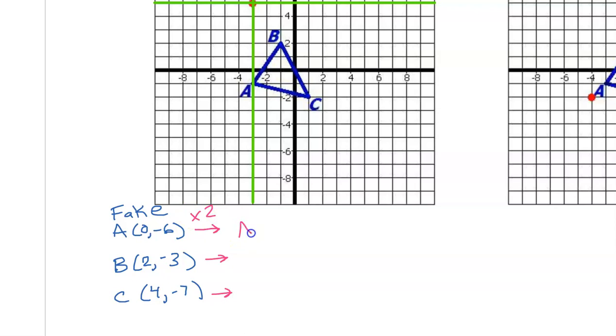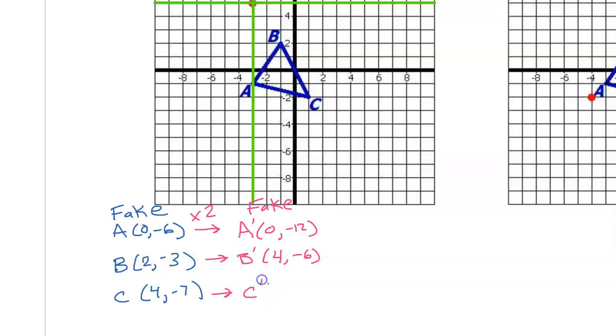And this will give us the fake coordinates of the image. So A prime, well, again, let me be clear, fake A prime is going to be 0, -12. Fake B prime is 4, -6, just multiplying everything by 2.